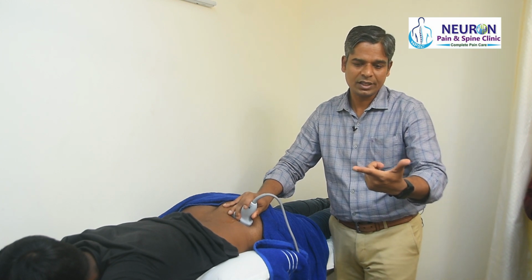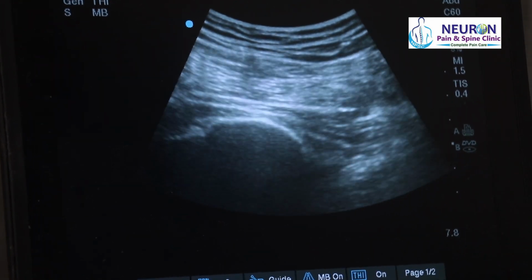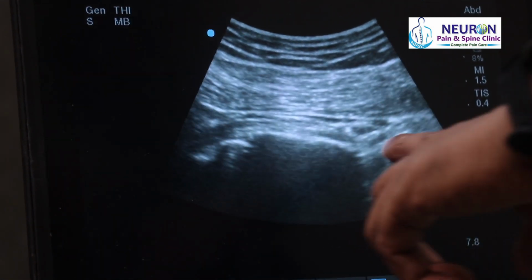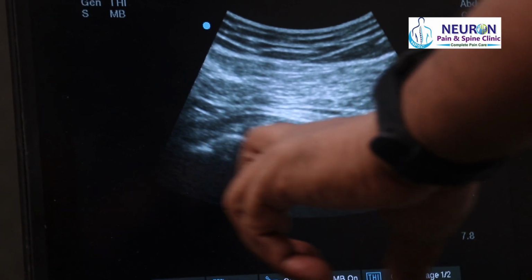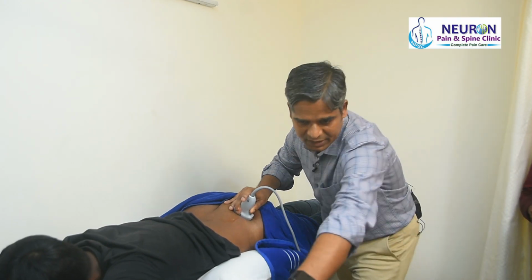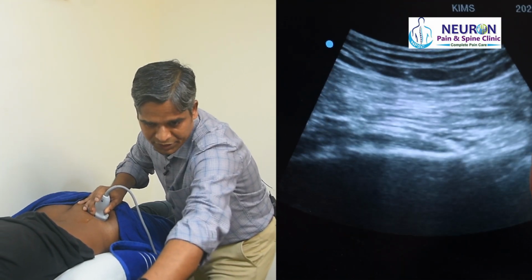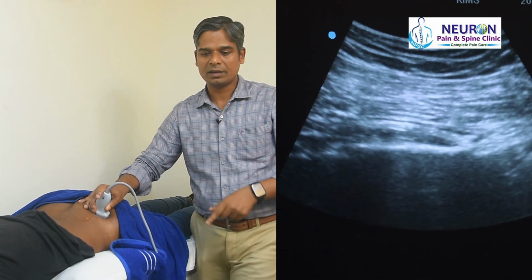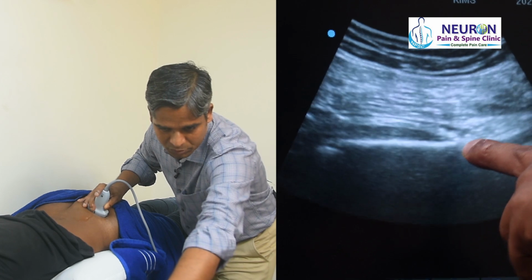That means you are reaching the ischial spine. Slowly going down. Now one can see this is a straight line, and if you look at the medial side, that straight line continues. That is the attachment of the sacrospinous ligament.